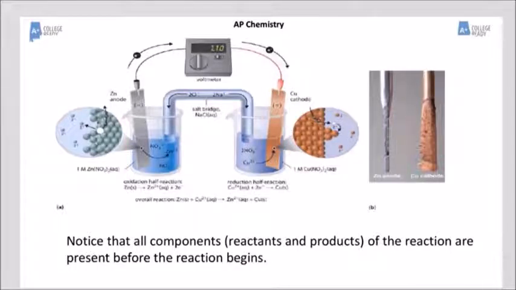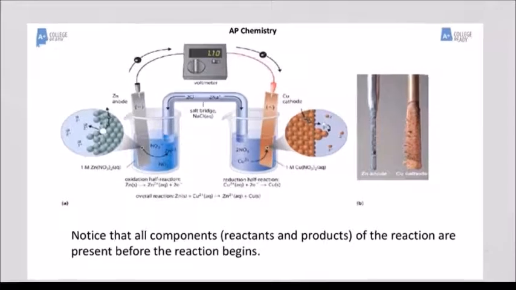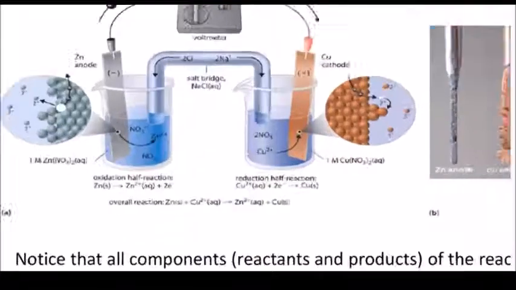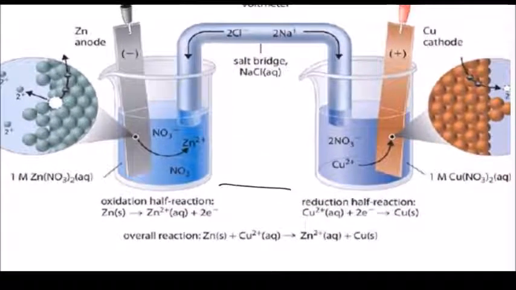The one thing I wanted to point out, because we're used to seeing reactions where you add two things together and it produces products, is that this is a little unusual because all components, reactants and products of the reaction, are present before the reaction even begins. So I'm going to zoom in a little bit.